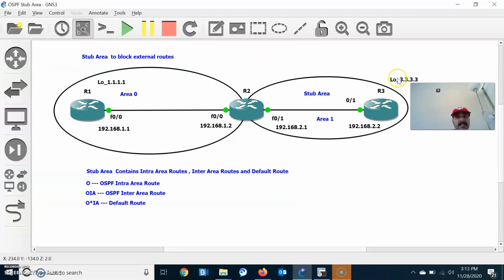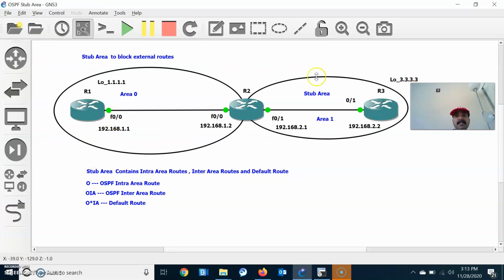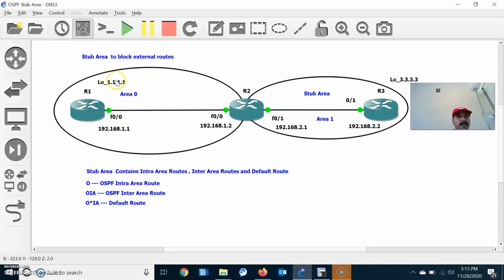Previously it was a redistributed external route, and this external route would show as O E2 in R1. You are not able to see the external route in R1 either, because this stub area will totally block the external route. That is the main purpose of a stub area. Even assuming R1, I have defined the loopback address 1.1.1.1. So let us redistribute this 1.1.1.1 and see whether it appears in the stub area.